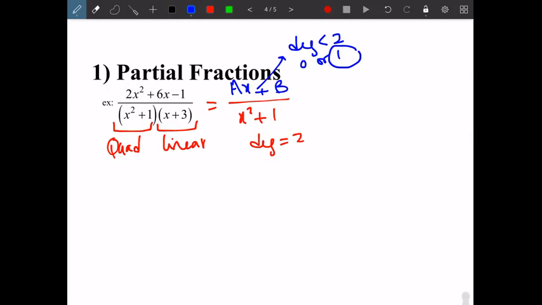Now, you're going to ask me, what if the numerator is constant? Why are we assuming that it's linear? Because if the numerator is constant, then we could end up having a equal to 0 and eliminating the term in x. So we'll only be left with b.